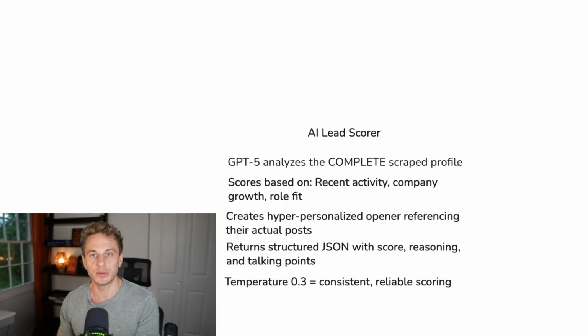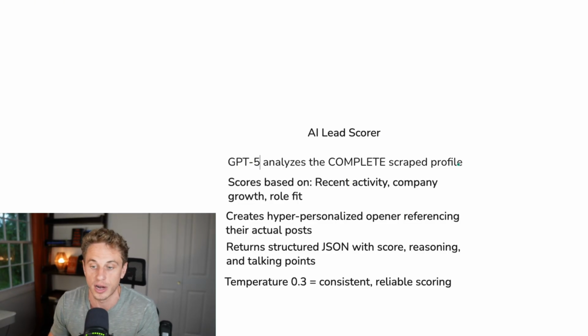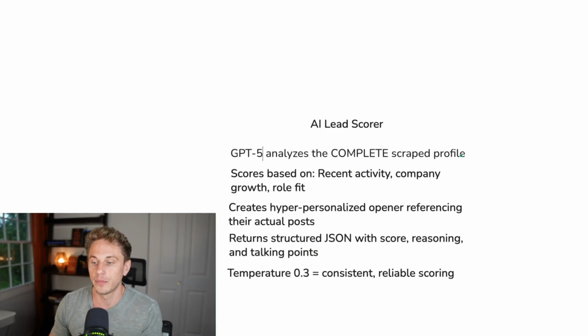So you're able to hit them with a targeted custom message, and there's no way you could send this message to them unless you were already looking at their profile. It allows for deep personalization, which increases reply rates, open rates, and ultimately conversions. From there, it's going to return a JSON structure with score, reasoning, and talking points.